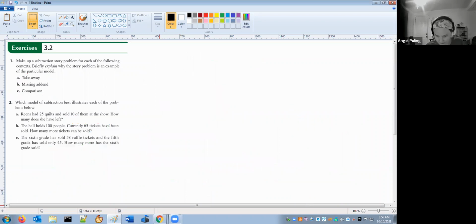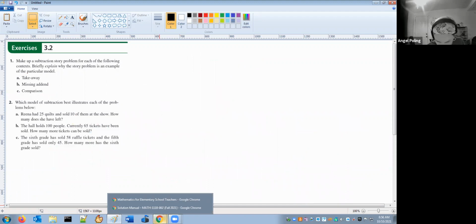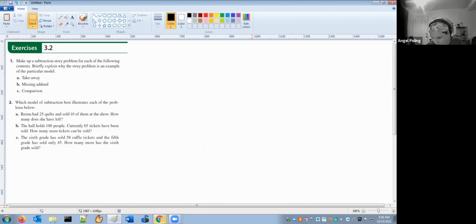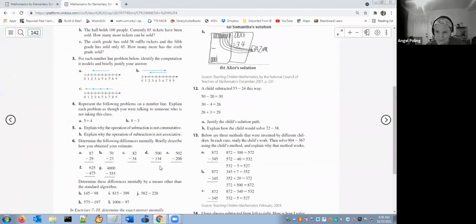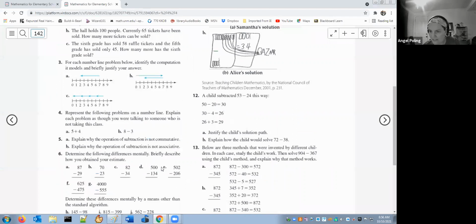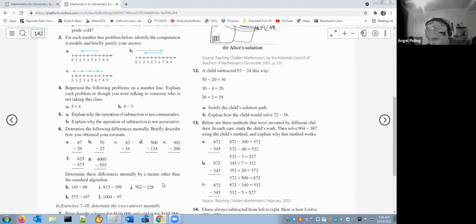All right, let's take a look at 5 and 6. 5 is explain why the operation of subtraction is not commutative, and explain why the following operation of subtraction is not associative.